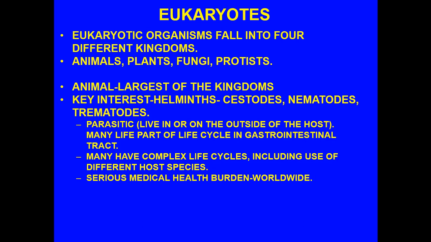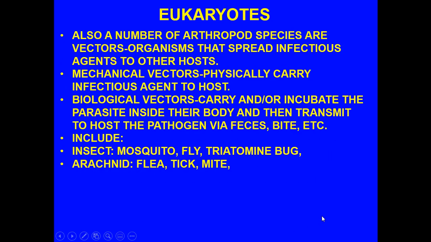Then they will be released and eventually move into humans. Overall, helminths are a very serious medical health burden worldwide. You can't go to any part of the world without dealing with some of the helminths in one way or another.